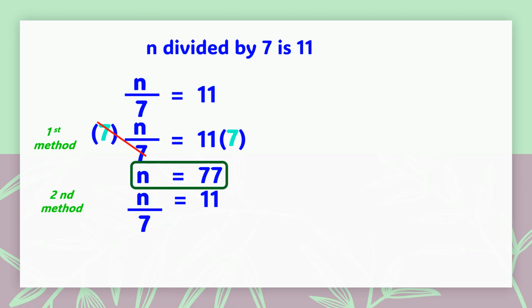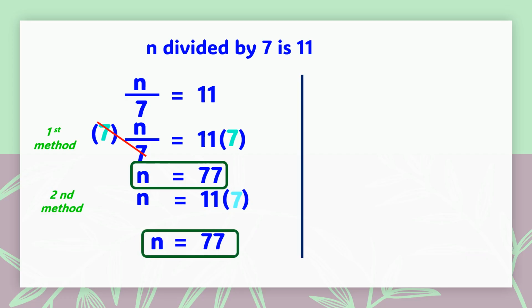N by 7 is equal to 11. Simply transpose 7 to the right hand side. It is in the form of division on the left hand side, so it will become multiplication on the right hand side. N is equal to 11 into 7 is equal to 77.